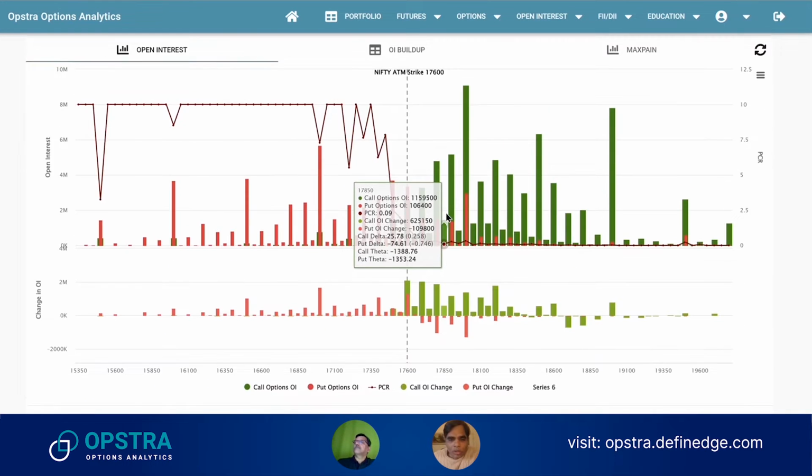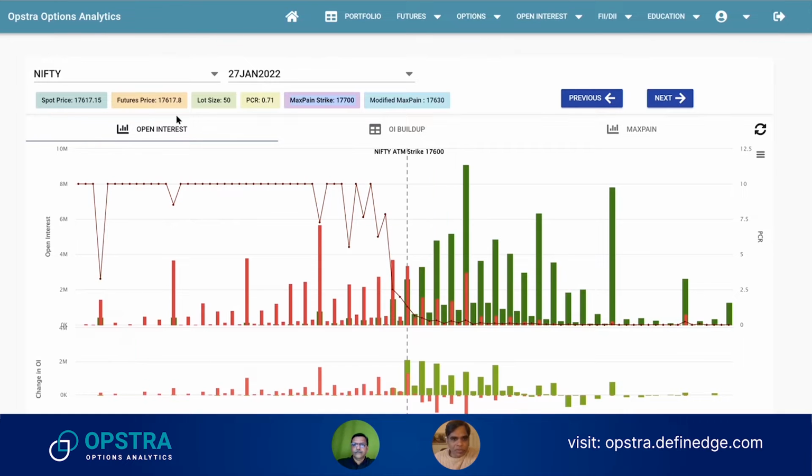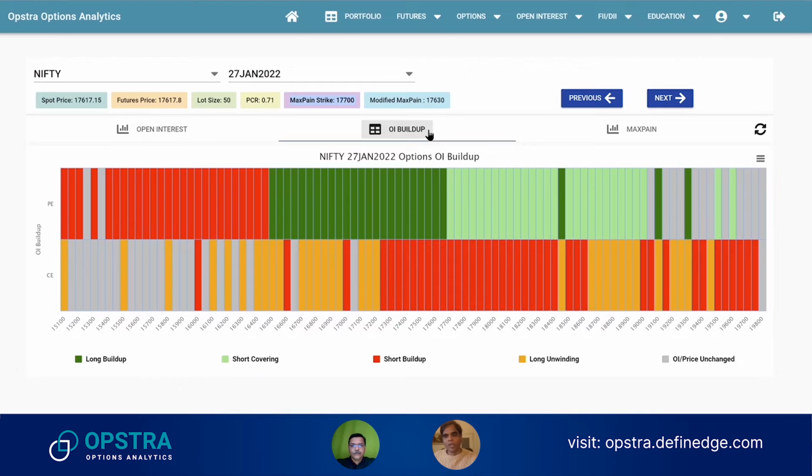Now within this, there are three tabs. The first one is open interest, and then we have this OI buildup. In the OI buildup, it's a new way of looking at the OI buildup data.